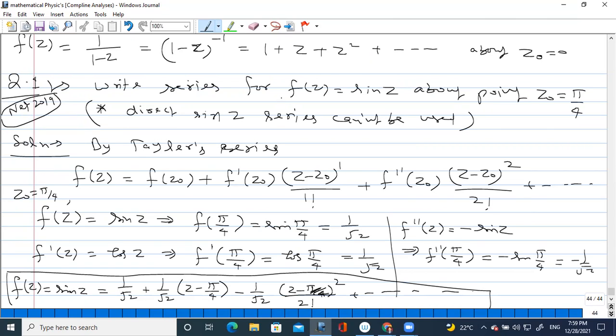They have just asked f(z) equal to sin z, and in the answer they have given that series. What is the direct series? Some students will directly tick that, but they have given the point z0 equal to pi by 4. Okay, note it down.